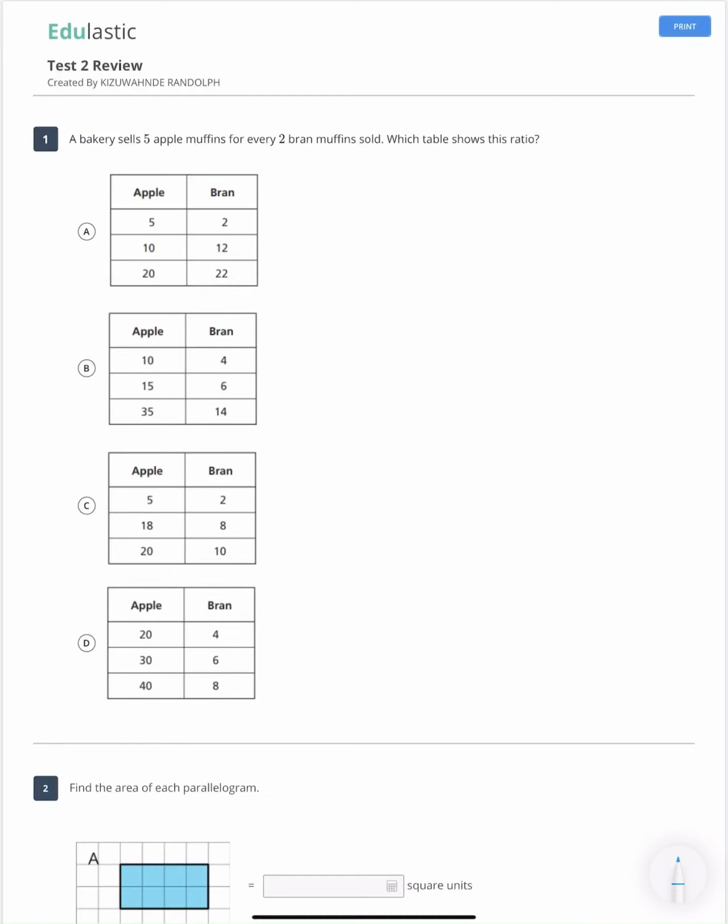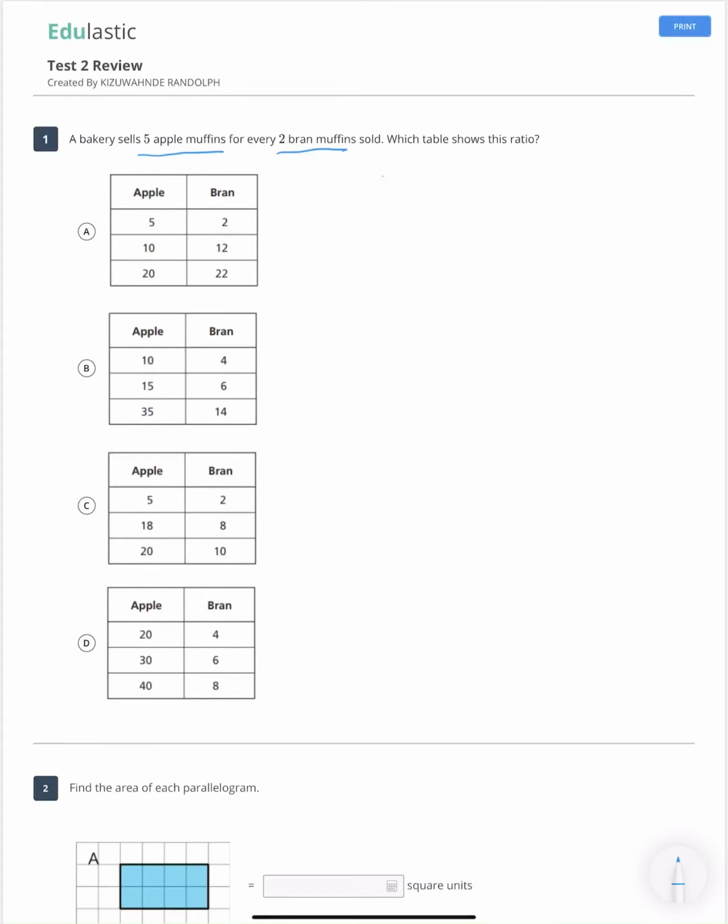So, of course, you guys, I always like to annotate my questions before I dive into the math. So, what I need to underline is these components, the quantities that make up the ratio.